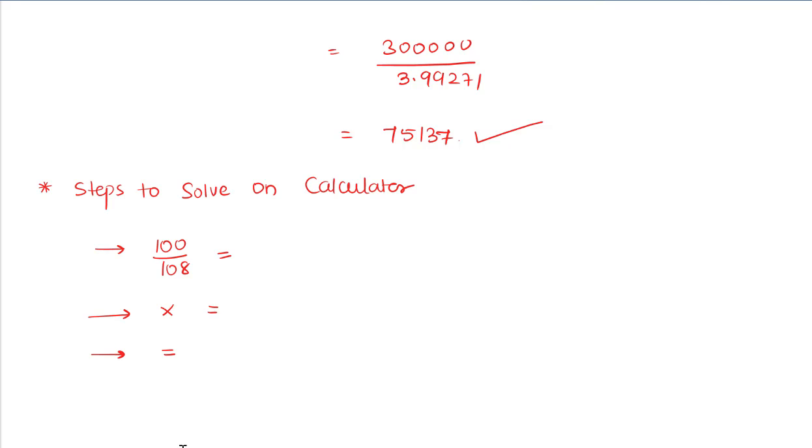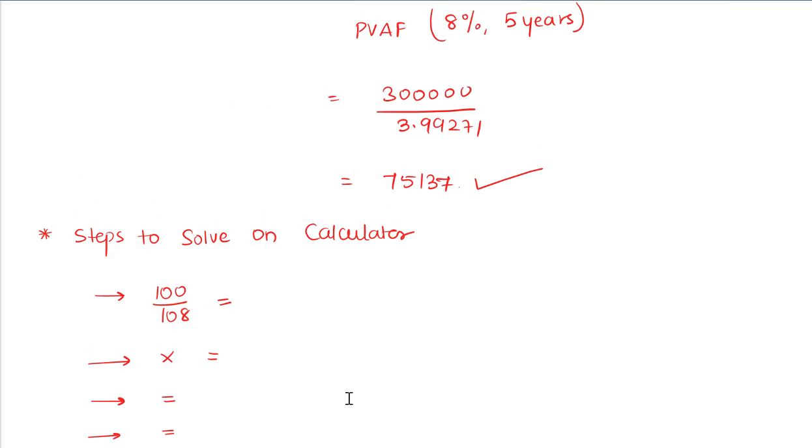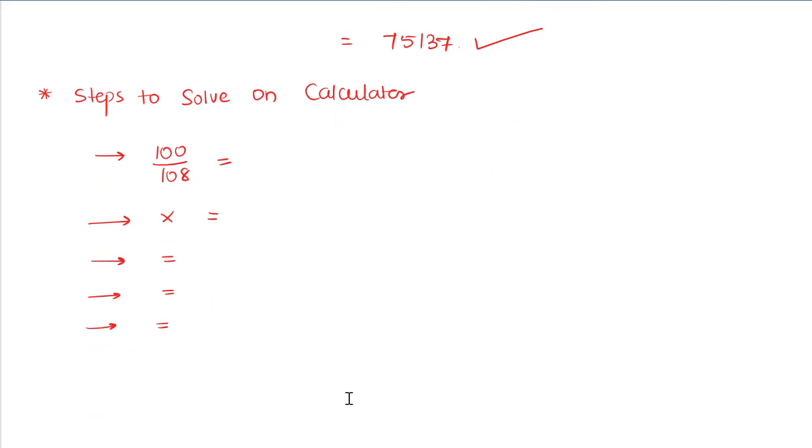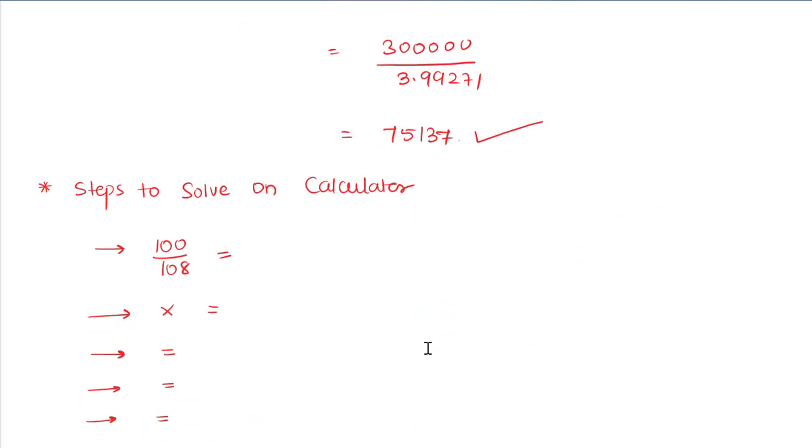Then equal to, step 3. Equal to, step 4. Equal to, step 5. And the figure you'll get is 3.99275. I believe you understood this example.